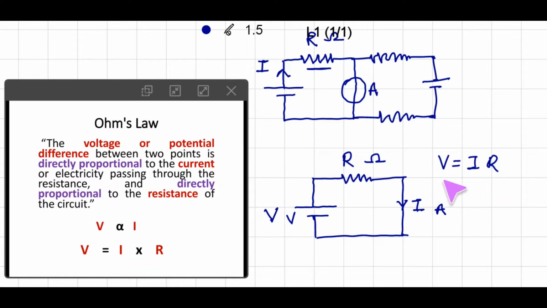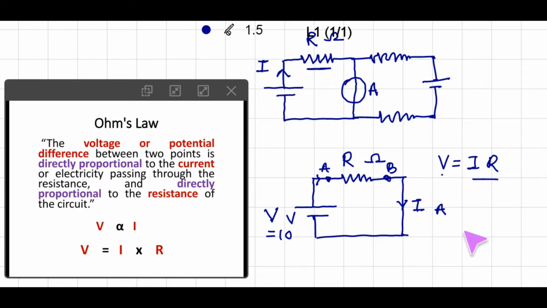Now this V, we are terming as the potential difference across the component. So this is a component, say this is A terminal, this is B terminal. By applying a voltage source of certain voltage, let us consider V is equal to, suppose, 10 volt. How much voltage difference or potential will be across this resistance R1? That depends on the current flowing through this resistance and is given by V is equal to IR.